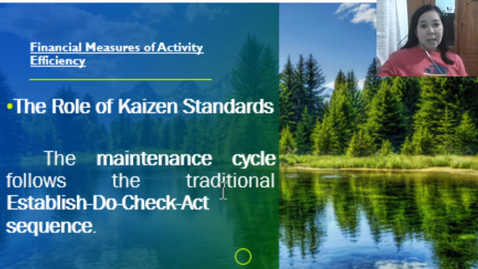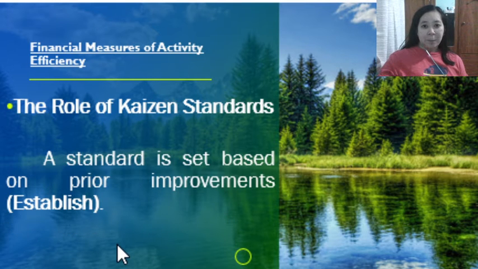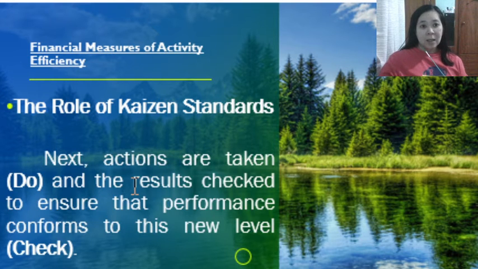The maintenance cycle follows the traditional establish, do, check, and act sequence. Under this standard, we will set a standard based on the prior improvement. That is the establish part. The next is action should be taken also. That is the do.